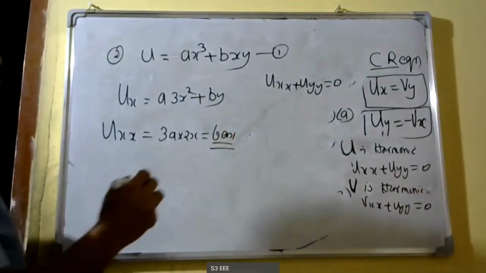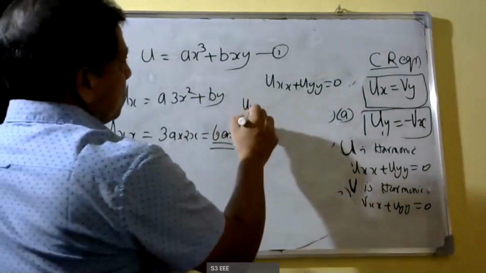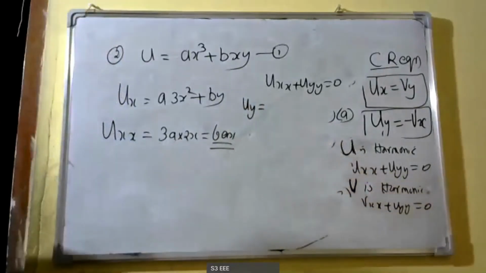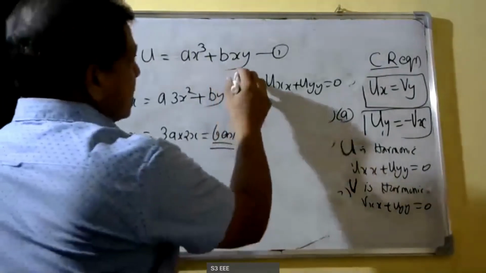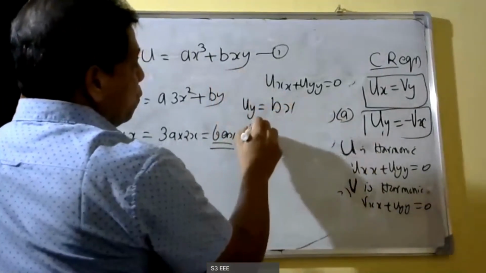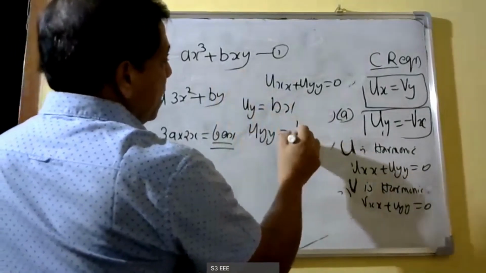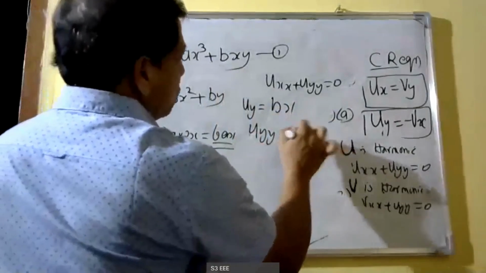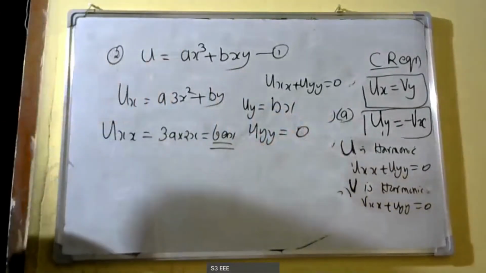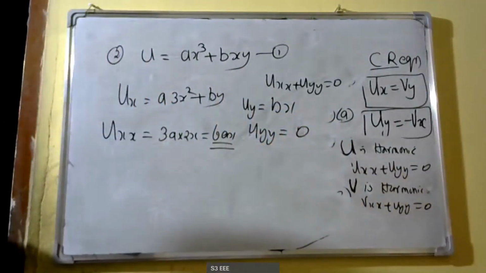Similarly, uy is equal to bx. Then uyy is equal to 0, because with respect to y, bx is constant.